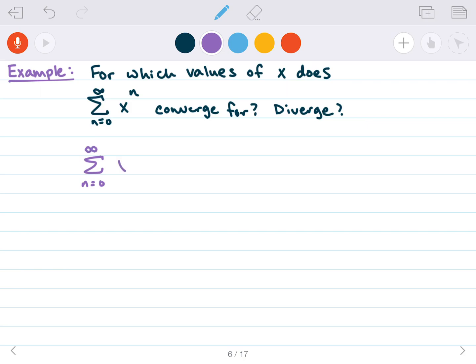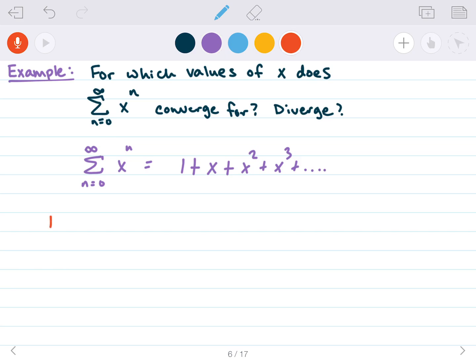Let's expand it out and see why it's geometric. So this is a power series, right? Because we have a variable x raised to a power n. And when I expand this thing, what I'm going to get is x to the 0 first, and that's 1, plus x to the 1, x to the 2, which is x squared, and so forth.